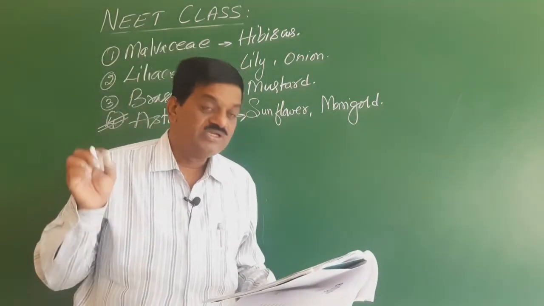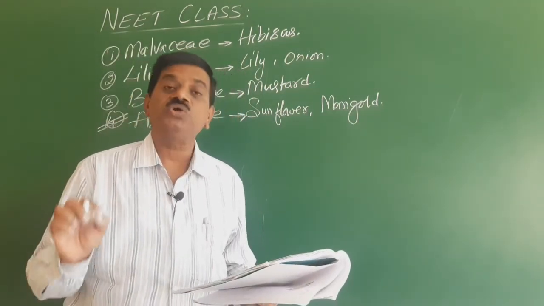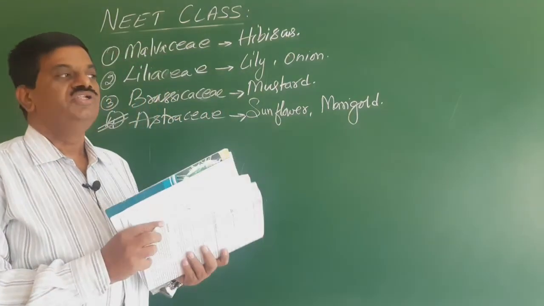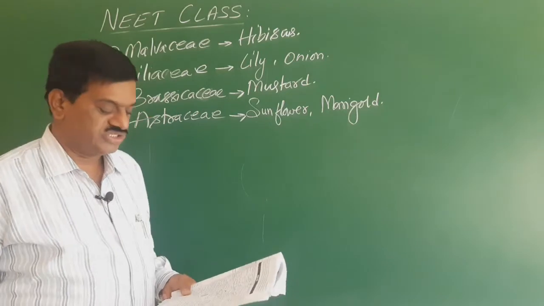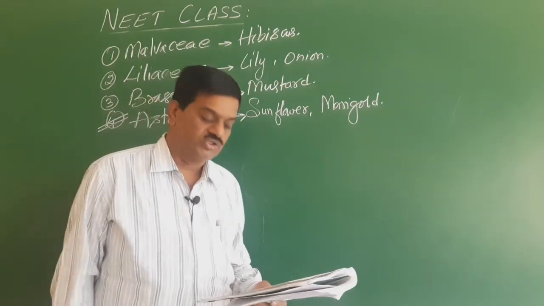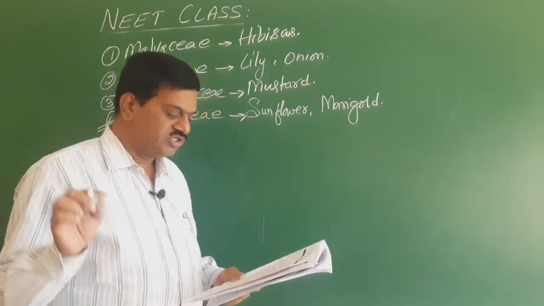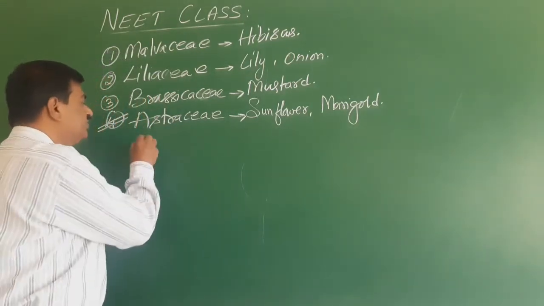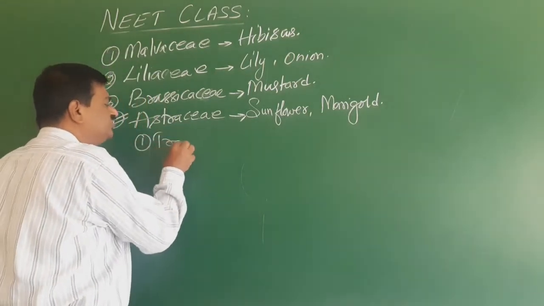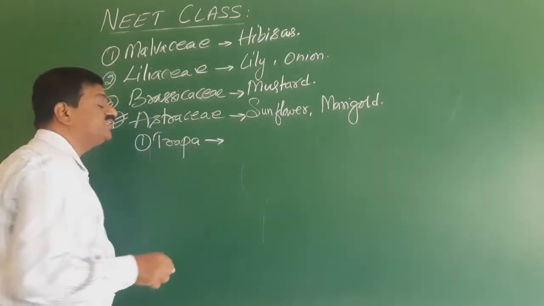Fifteenth question. A plant with photosynthetic roots. Here the roots are green in color and help in photosynthesis. Hence they are called photosynthetic roots. So here the first option is called Trapa.